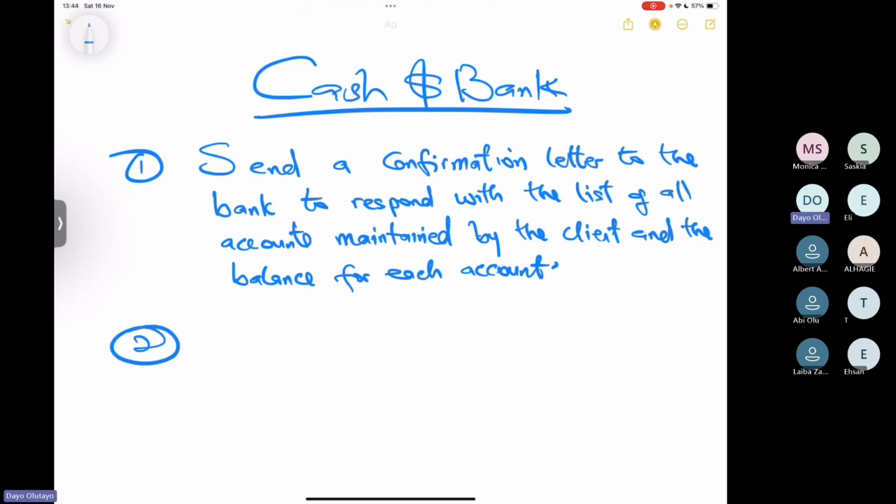Number two, who's going next? Obtain the bank reconciliation statements. Fantastic. When you obtain bank reconciliation statements, there are a lot of things you have to do with it.